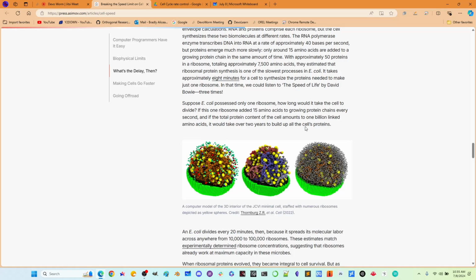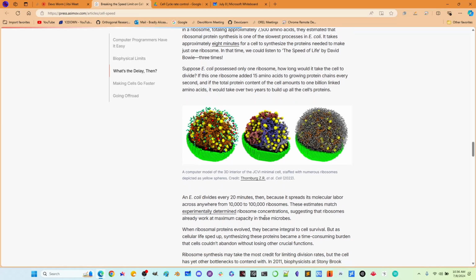So, this is interesting because this really tells you something about the speed of cell division and what's all involved in building a cell. So, we can do these back of the envelope calculations. We can do these simulations, these molecular dynamic simulations, these whole cell simulations. But this is only part of the equation.